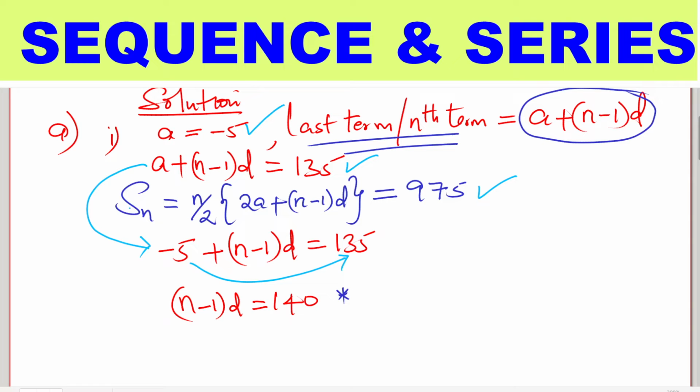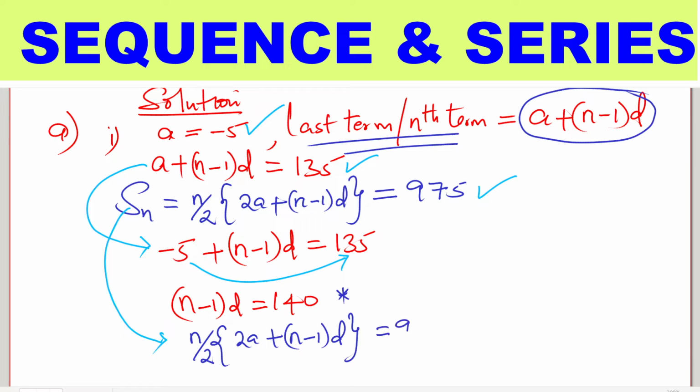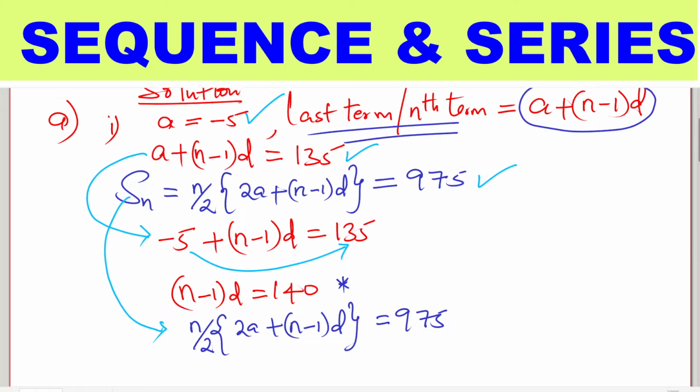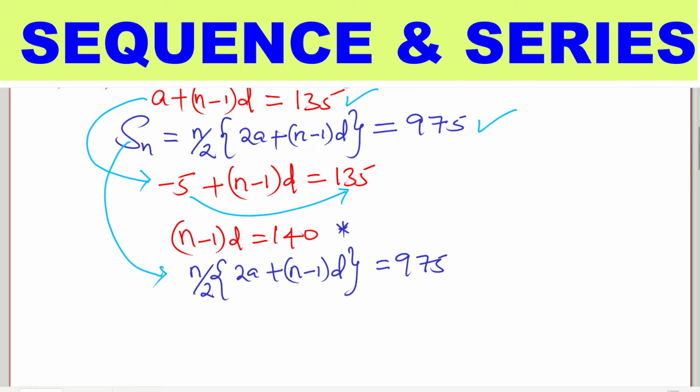So now I want us to come to this. We are given n divided by 2, times 2a plus n minus 1 D, is equal to 975. So using this one, there is something we can do to simplify this.